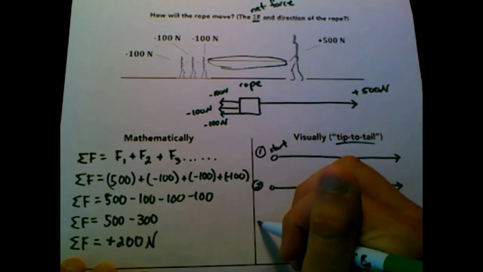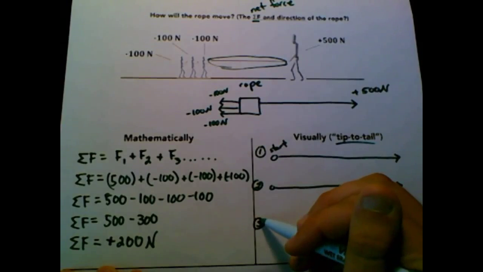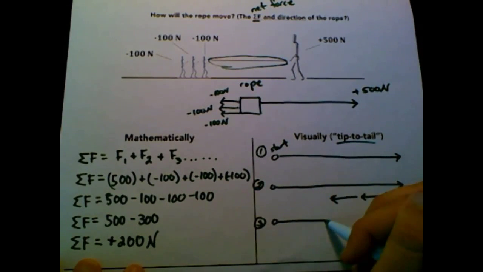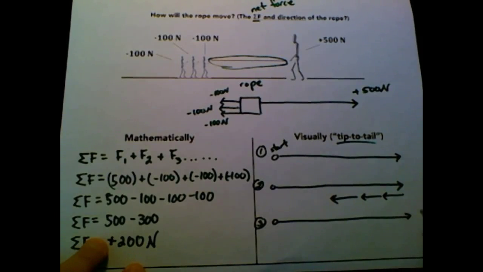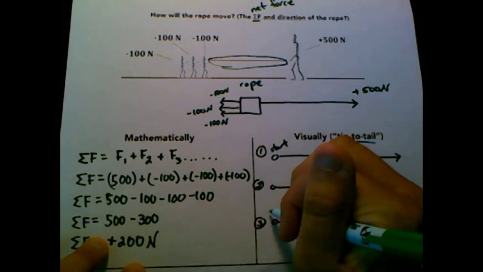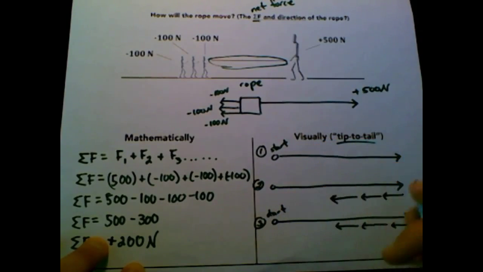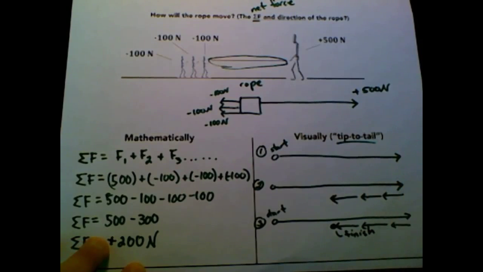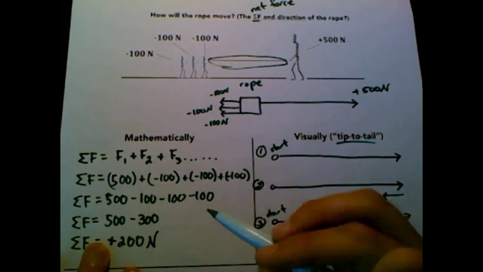All right, so what do we do then? How do we determine the net force, or how this object is going to move? Well, I'm going to redraw everything again. We have our start, and we are now going to draw our finish. We're done drawing our arrows. Now we're going to work on drawing our resultant, which is essentially the net force.